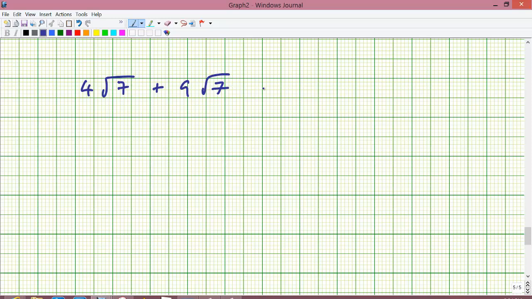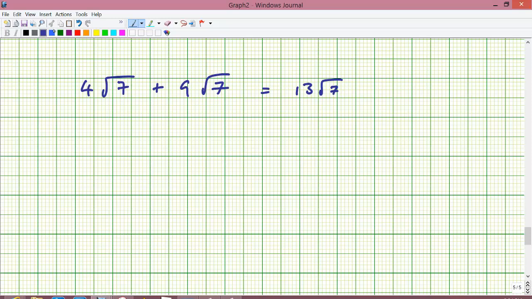Well, this is very straightforward. This is like adding anything with a common factor. We basically add the 4 and the 9, that gives us 13 root 7. It's just the same as if it was some kind of variable, so that would be 4x plus 9x is 13x. 4 root 7 plus 9 root 7 is 13 root 7, okay?